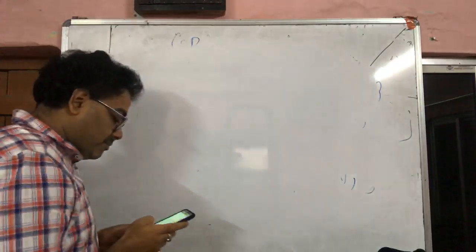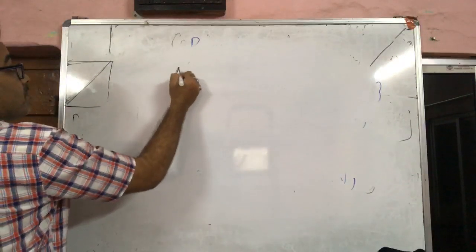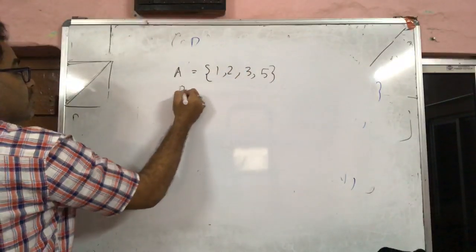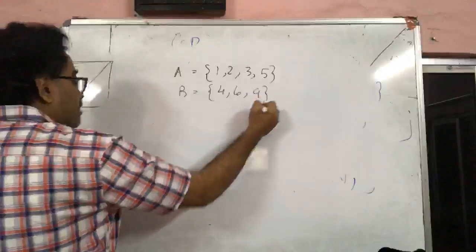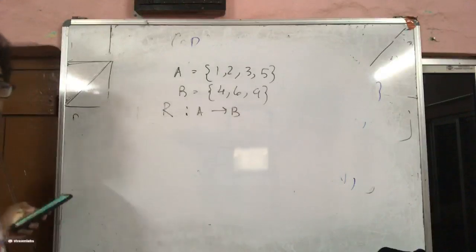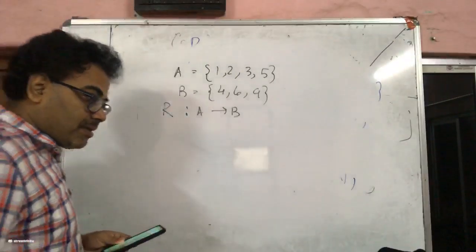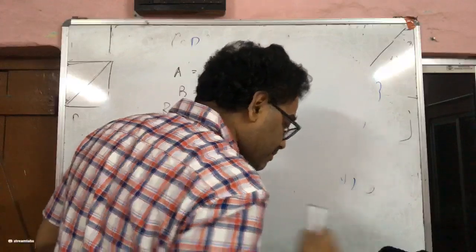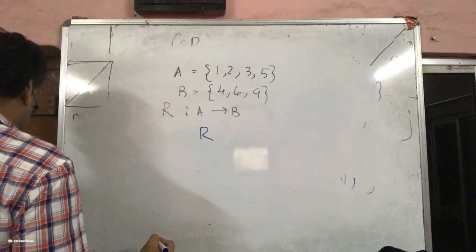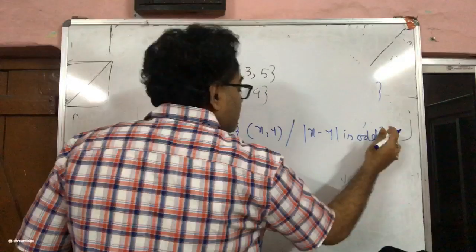Next one. Relation from A to B. So now it will be easier for you because it is different sets, A to B. Given that x y such that the difference is odd.